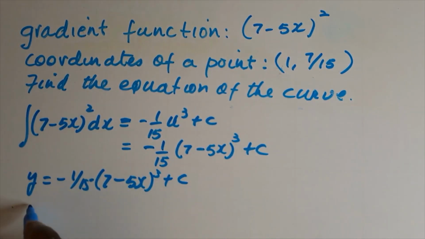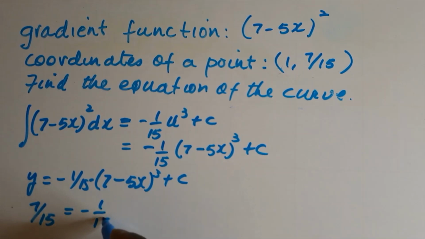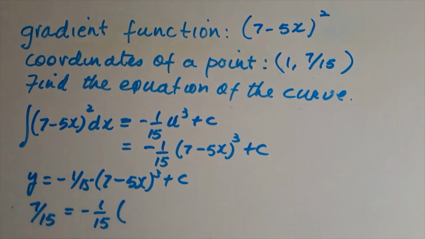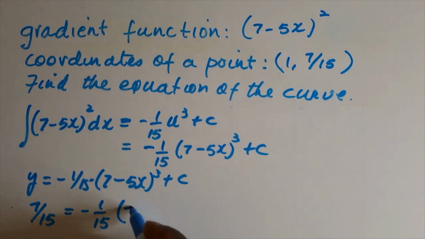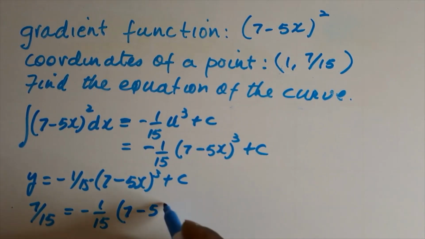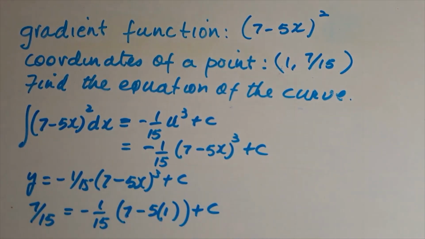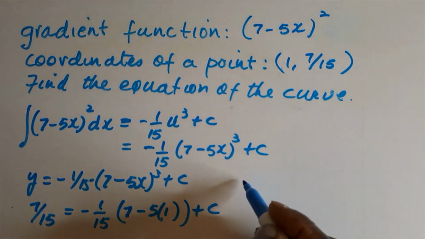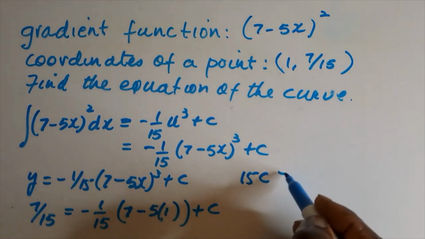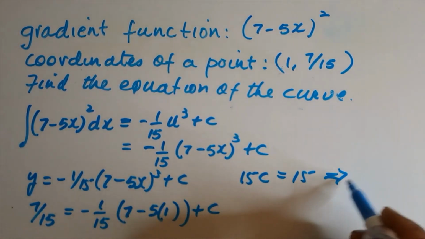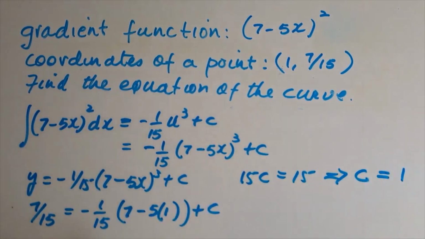We substitute that y is 7 over 15 is equal to minus 1 over 15, and I will substitute for x being 1, so that would be 7 minus 5 times 1, add c. Now this turns out to be 15c is equal to 15, which implies that c is equal to 1.